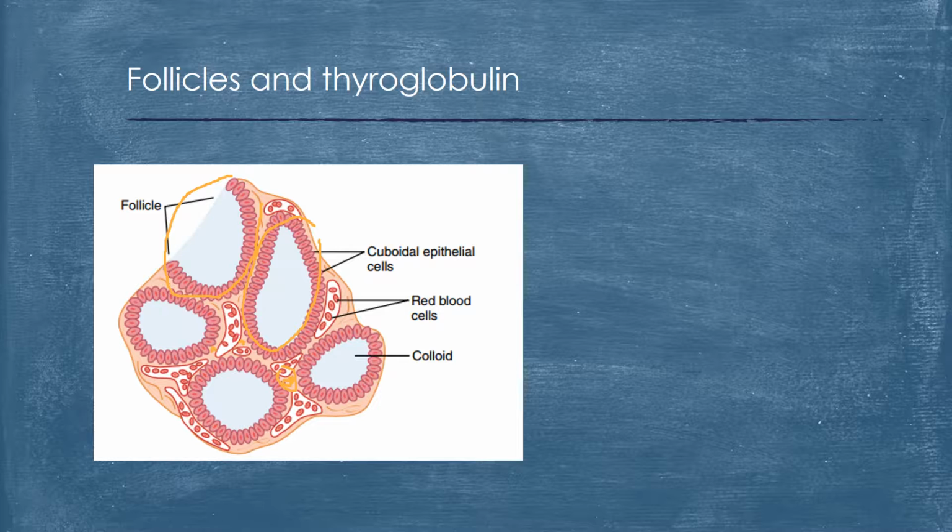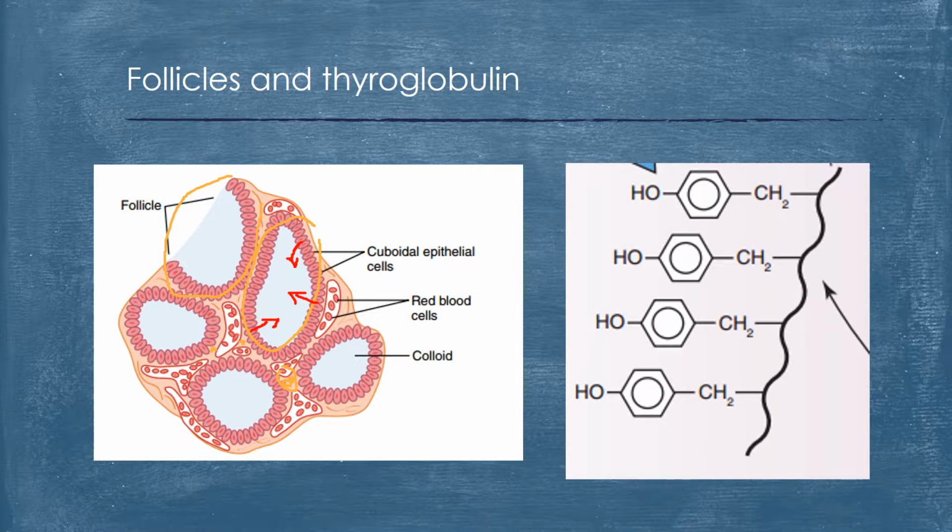These follicular cells synthesize and release the thyroid hormone and store it in here. This space here we call the colloid. Colloid is like a pool of proteins. It is mainly formed by the thyroglobulin protein.